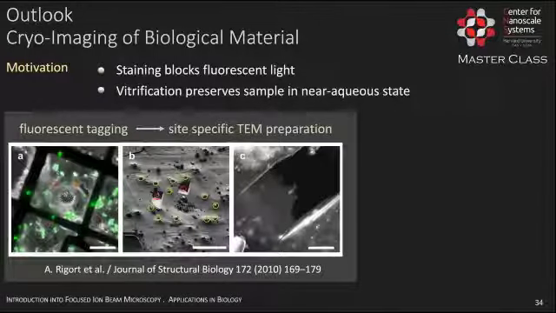The Baumeister group in Garching was one of the leaders in this effort. And so the ideal experiment would be, for example, to have cells on a TEM sample, tag the objects with fluorescence microscopy, and then go in, prepare a TEM sample, and put it in our cryo microscope. So this is potentially the future.